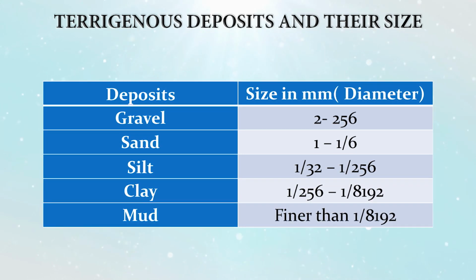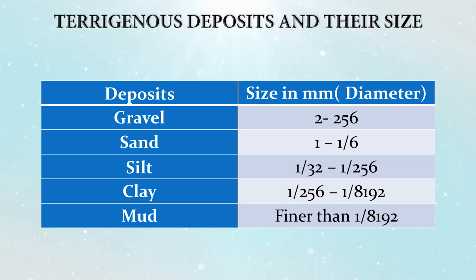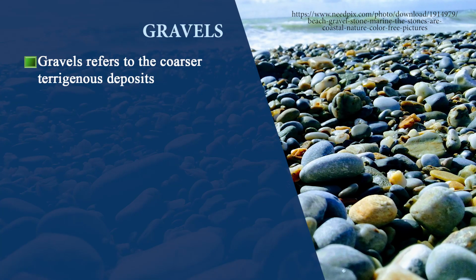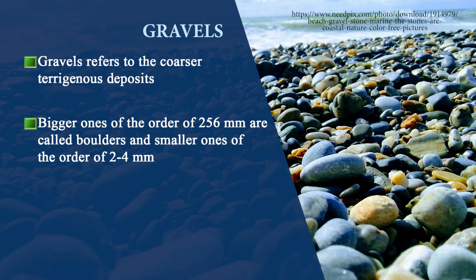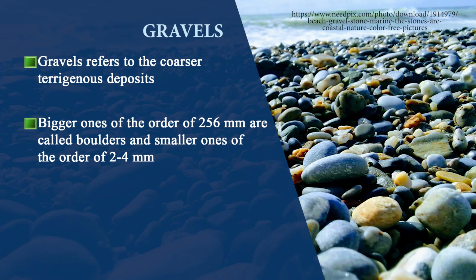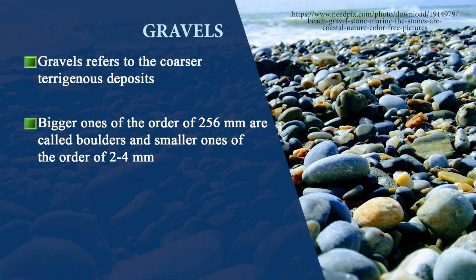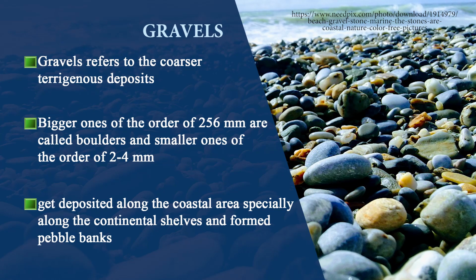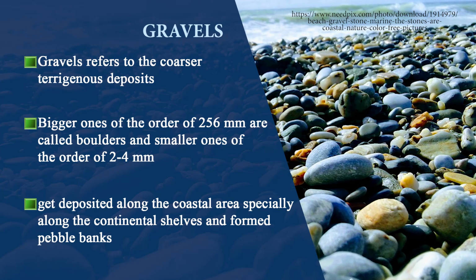So you can imagine it is so minute. Let us study the gravels first. They are coarser terrigenous deposits. Bigger ones are of the order of 256 millimeters and the smaller ones are of the order of 2 to 4 millimeters in diameter, and they get deposited along the coastal area, especially along the continental shelves, and form pebble banks.